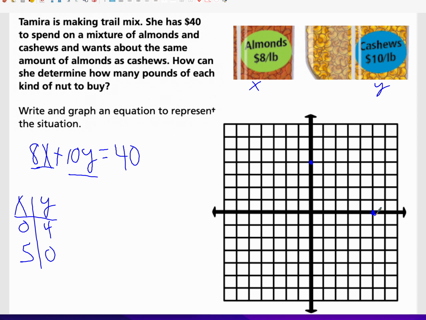Straight line. Kinda. There we go, that's not too bad.